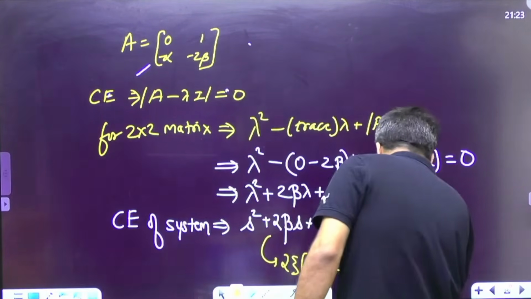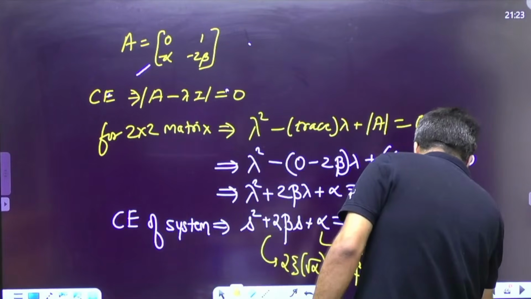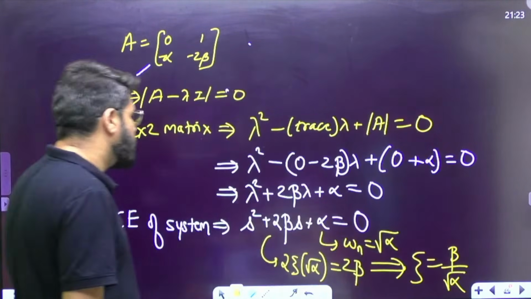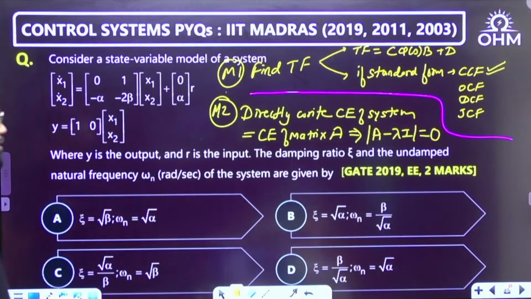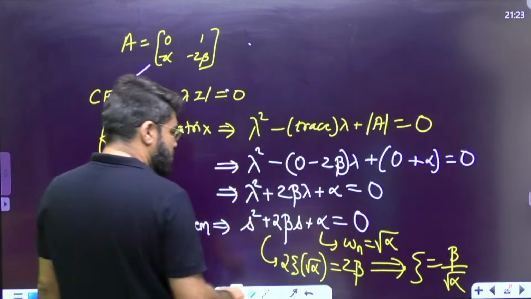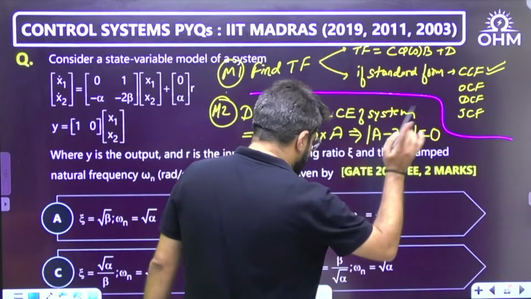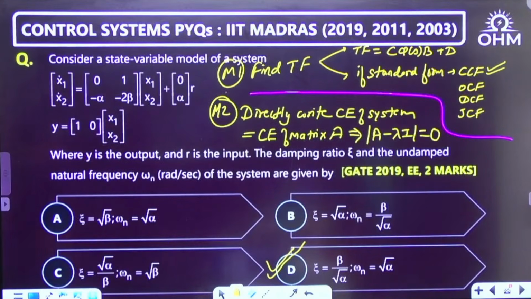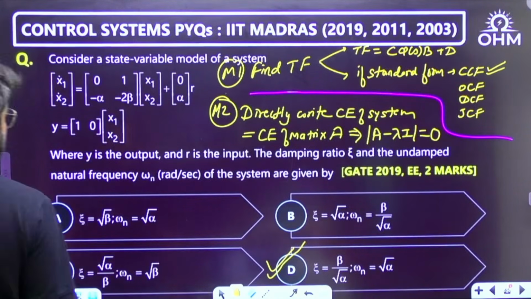The 2 cancels. Zeta value is beta divided by root alpha. So zeta is beta by root alpha and omega n is root alpha, taking me towards option D as the correct option. All okay now?